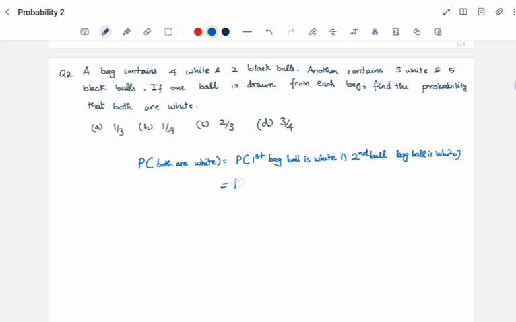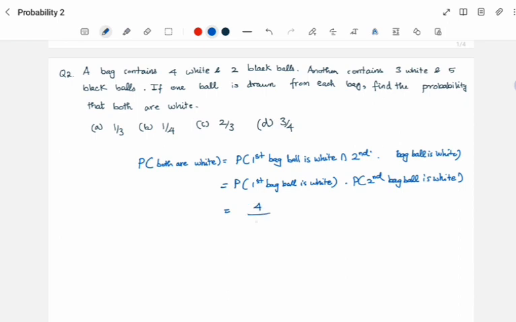So they are independent. So I can just write it as P of first bag ball is white into P of second bag ball is white. So what is the probability that first bag ball is white?